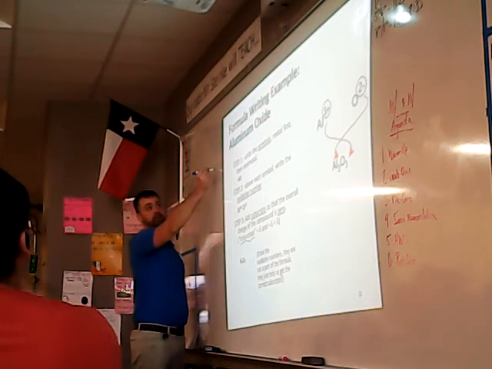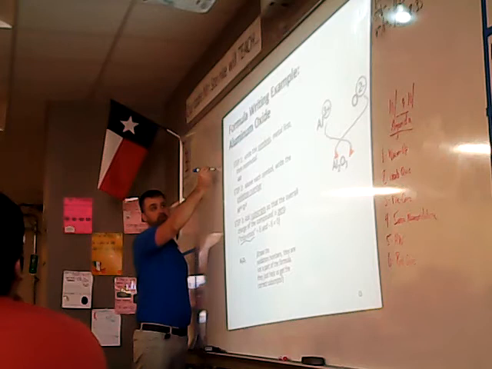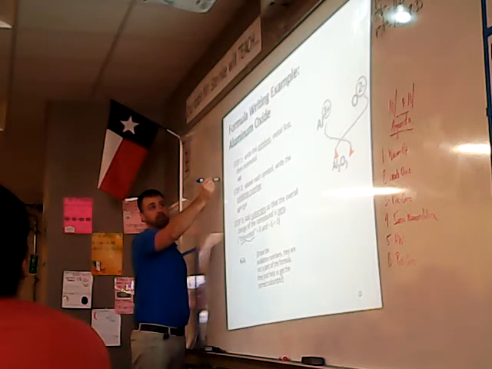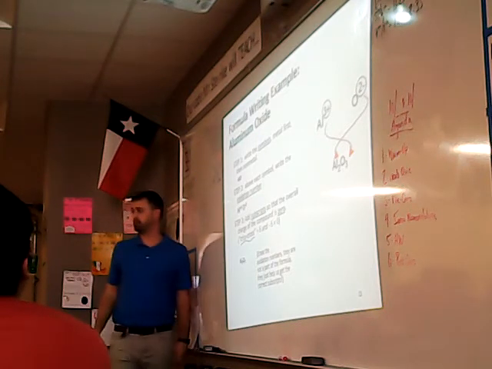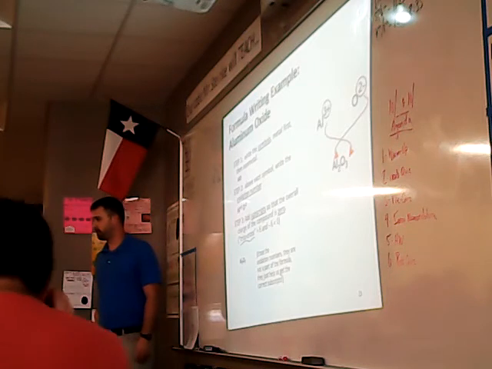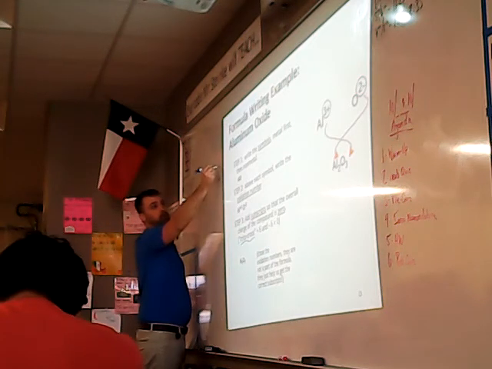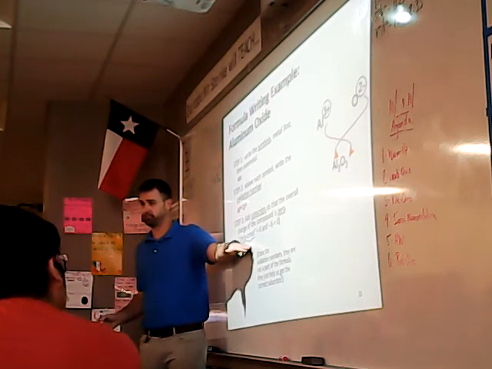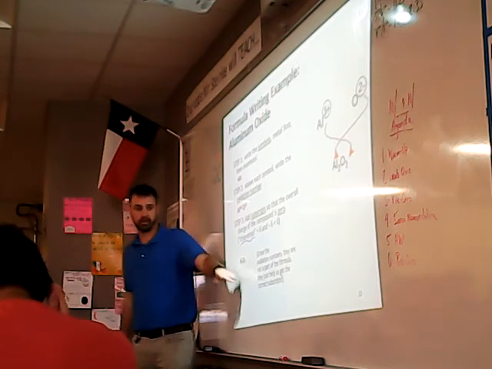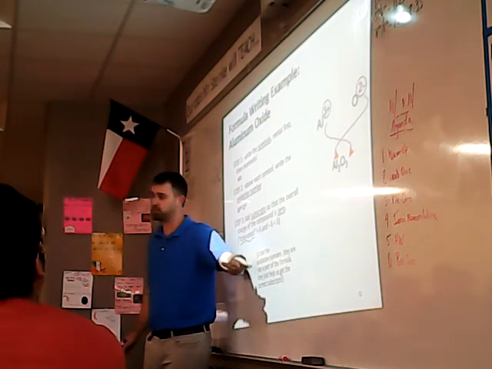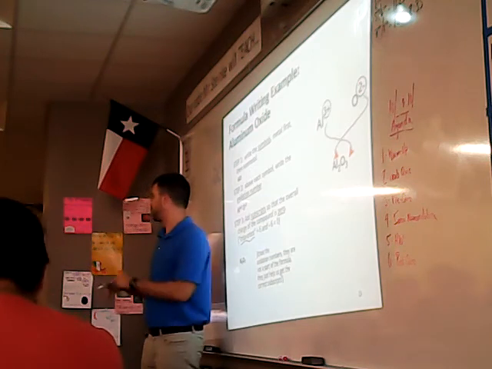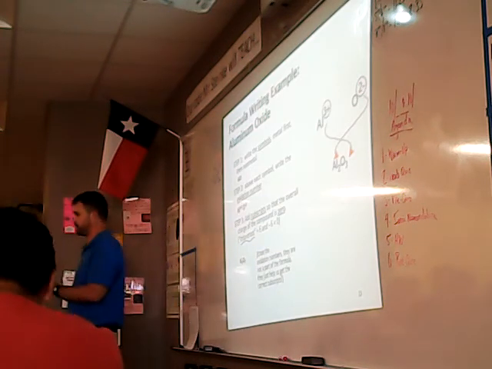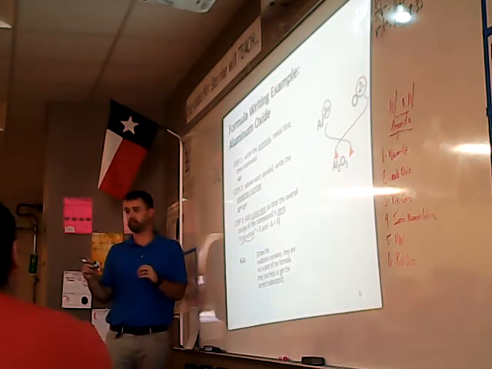Take that 3 and give it to oxygen. Take that 2 and give it to aluminum. That's where crisscross comes in. And the little side note is erase the charges. Those charges go away. It's not magic. I'll tell you where they went in a second.